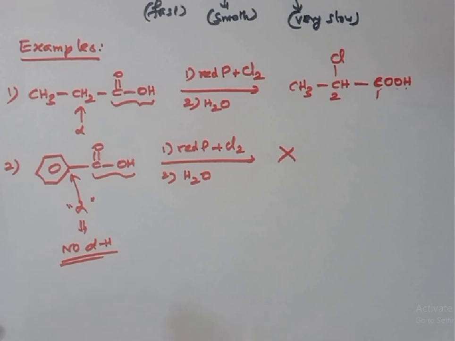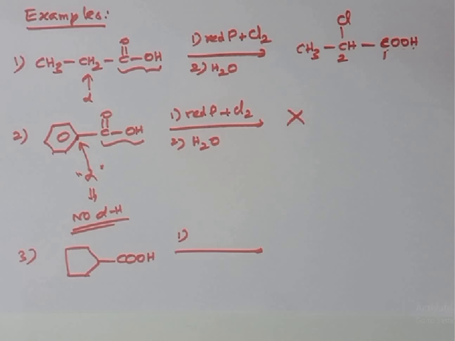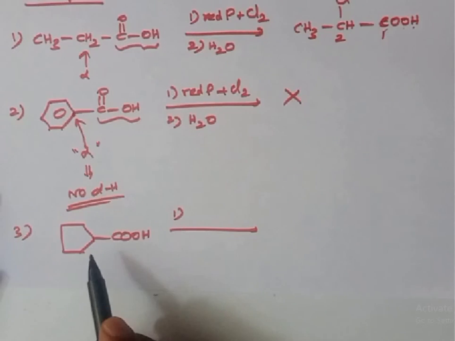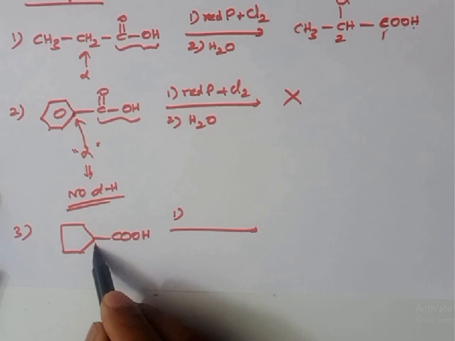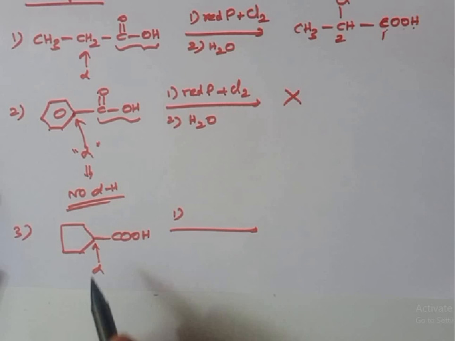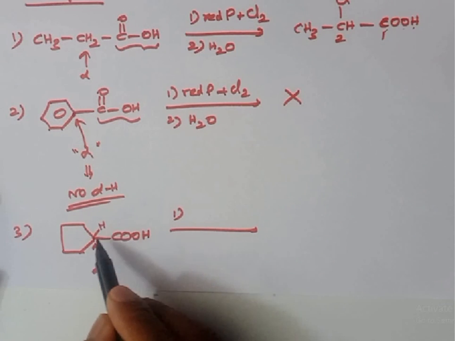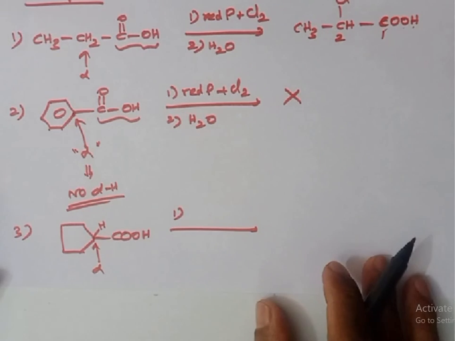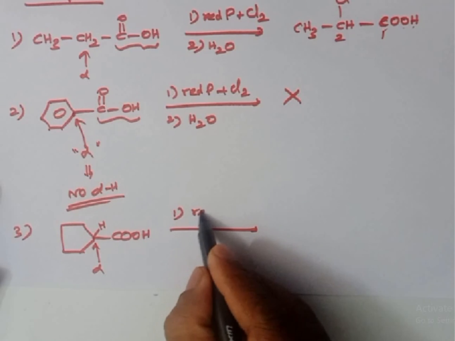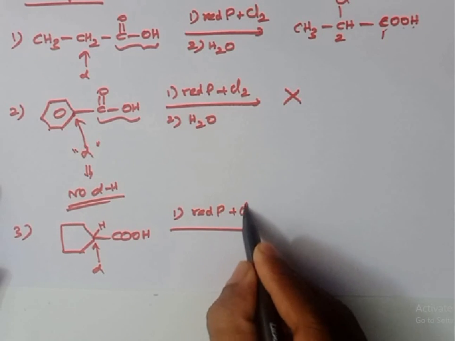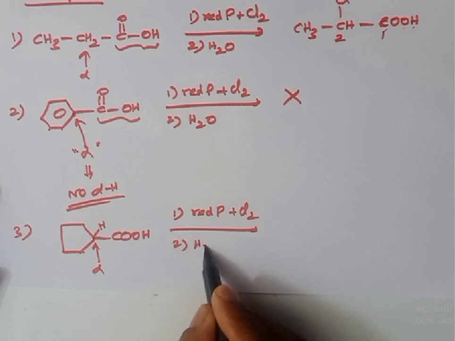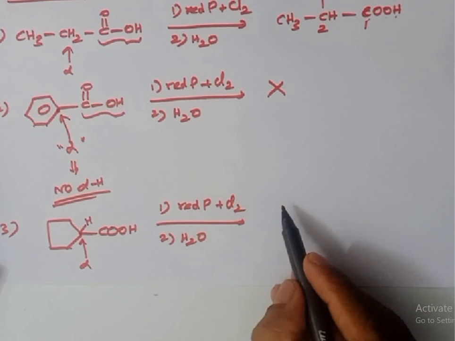For the HVZ reaction to occur, the alpha carbon should contain hydrogen. Now here see, student, we have carboxylic acid and this carbon is the alpha carbon. The alpha carbon has one hydrogen now. Yes, there is a hydrogen, so definitely the reaction will occur. So if I put red phosphorus plus chlorine followed by hydrolysis, what will happen?